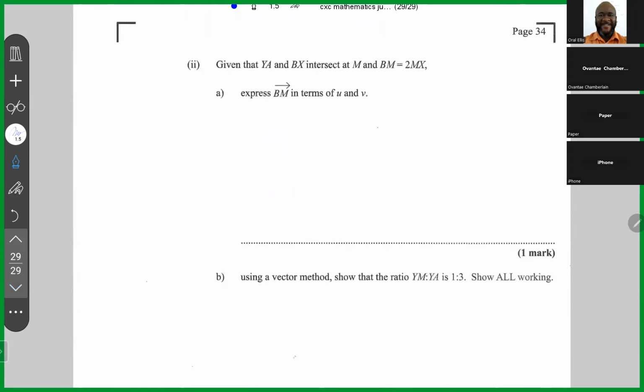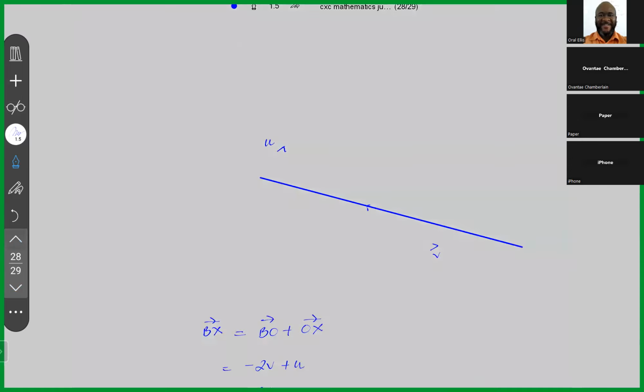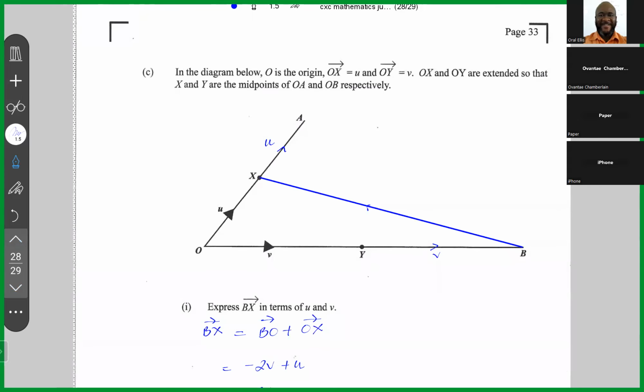Next, we need the vector BM. Given that YA and BX intersect at M, so this is M. What else are we told?